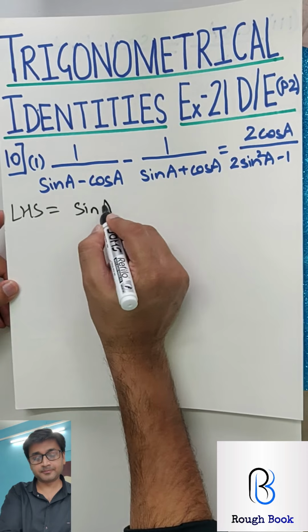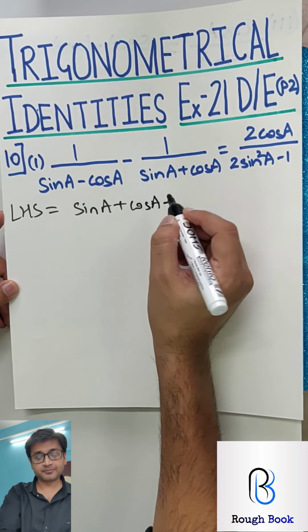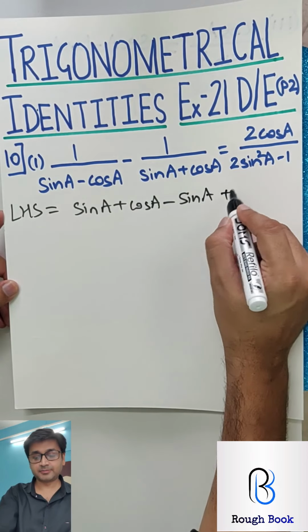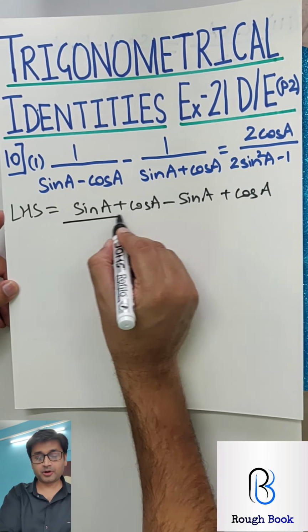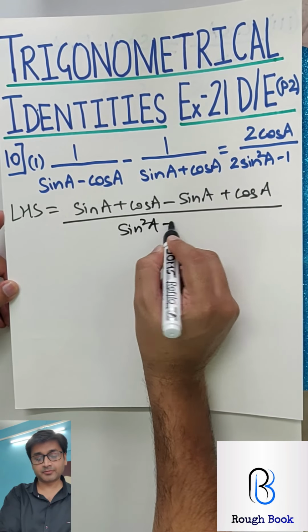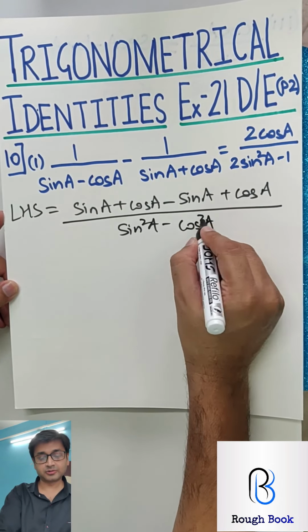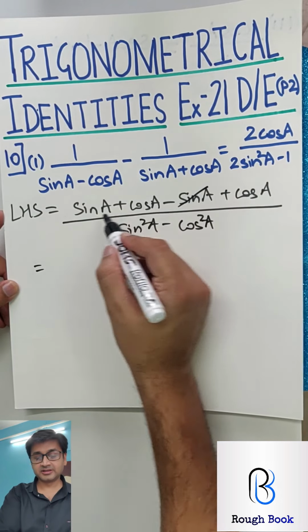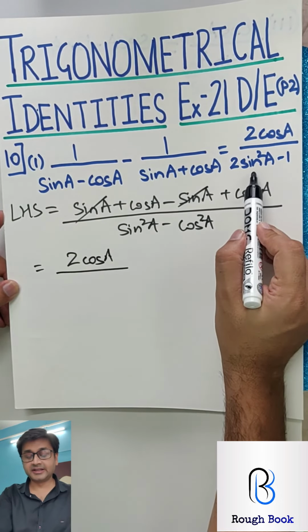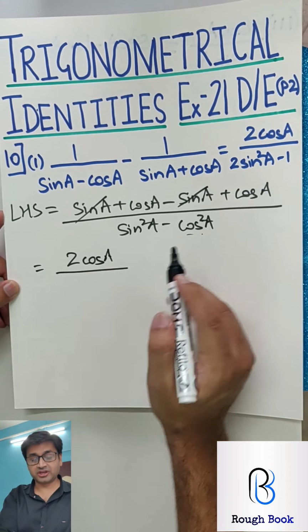So sin A plus cos A, minus sin A plus cos A, upon A minus B, A plus B, so A square minus B square. Further, this gets cancelled, so what I get is 2 cos A upon, I need sine, I don't need cos, so let's change this.